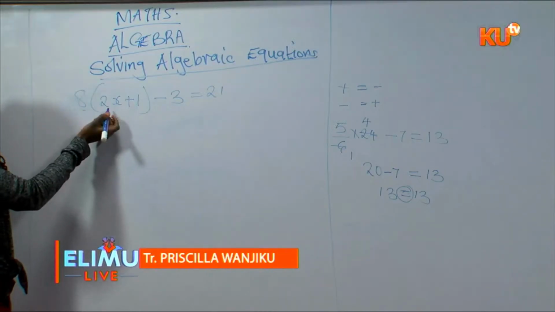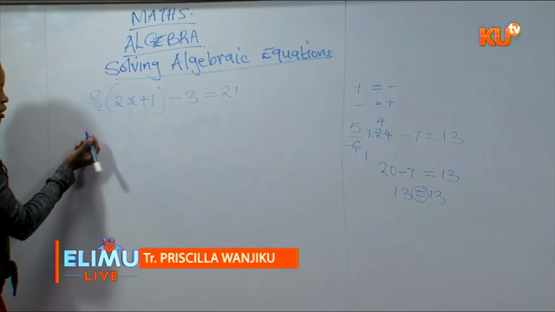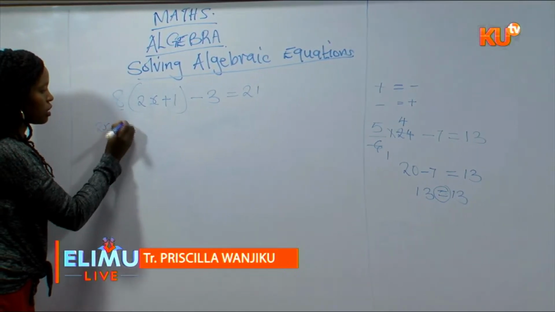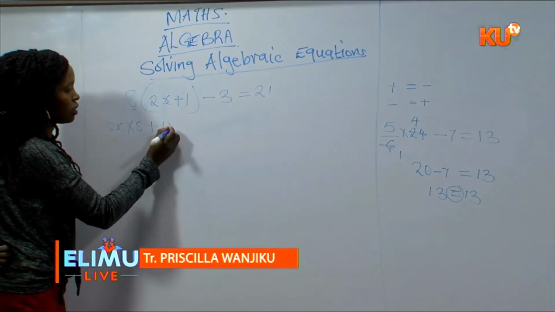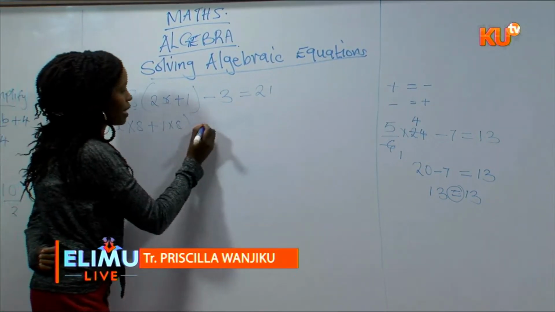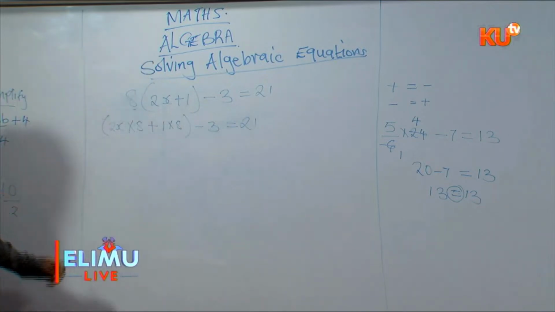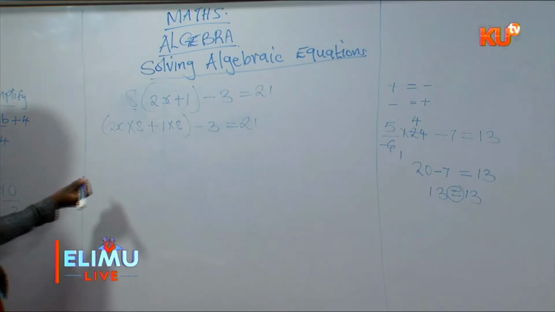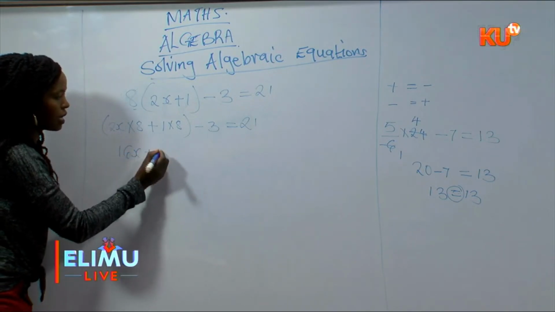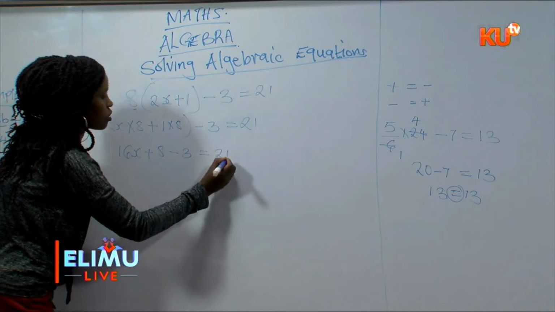That means I'm going to take 2x times 8, then 1 times 8. 2x times 8 plus 1 times 8, that was a bracket, minus 3 is equal to 21. 2x times 8, I'm going to get 16x plus 8 minus 3 is equal to 21.